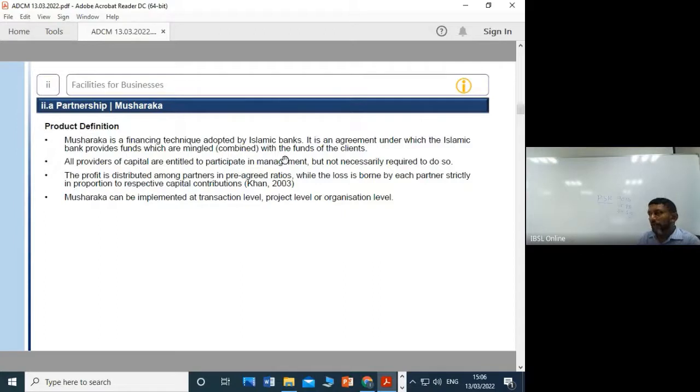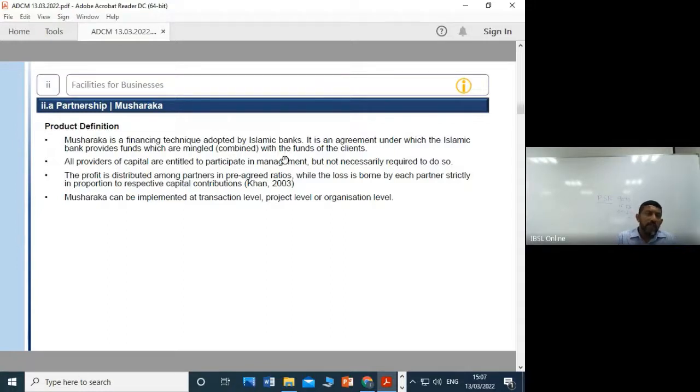Since we talked about profits, the other part of the transaction is losses. The loss sharing ratio is not equal to the profit sharing ratio. Loss is shared based on capital contribution. That's a principle in Islamic finance.